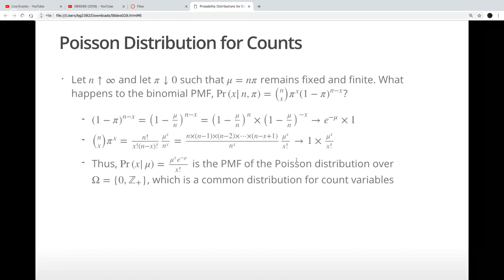And there's nothing really that complicated here other than recognizing that (1 minus mu over n) raised to the power of n is the definition of e to the negative mu. The rest of it just follows from taking some limits, and we get the probability mass function. Okay. So what is the variance of a Poisson random variable?